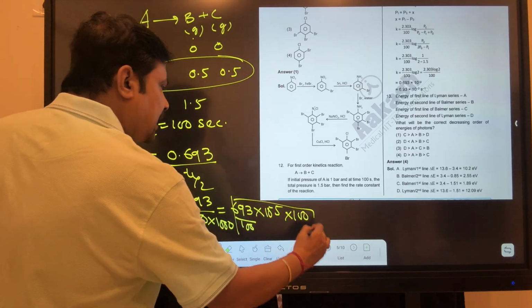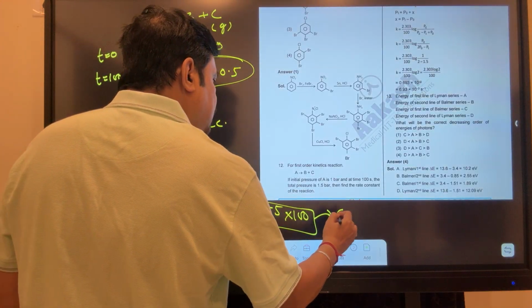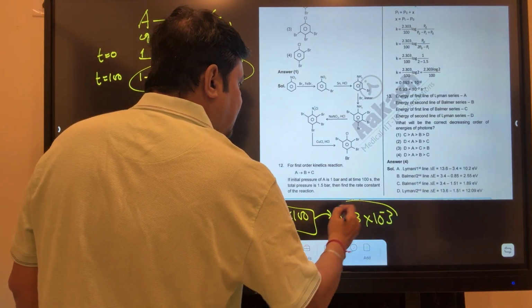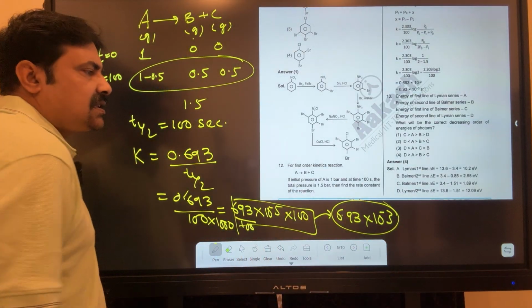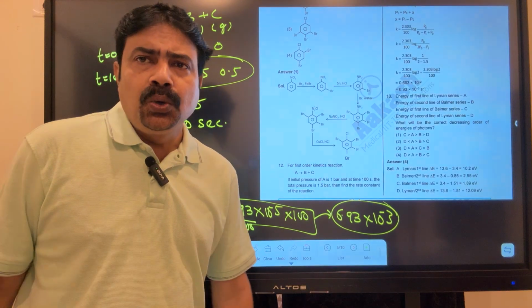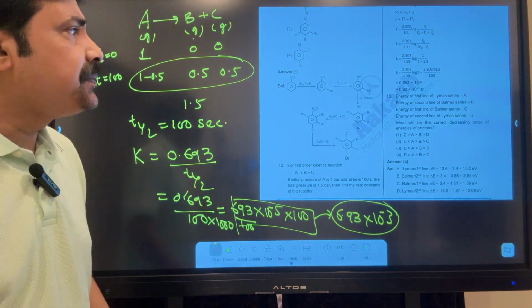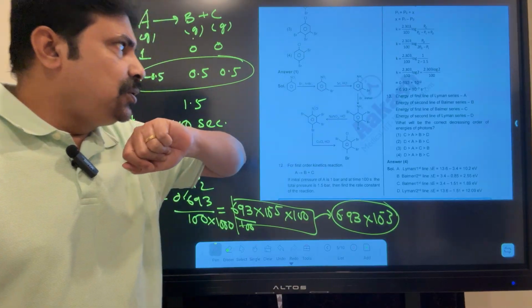If you look at this calculation, we will get 6.93 into 10 to the power of minus 3. That was the option. Then your answer will be 6.93 into 10 to the power of minus 3. Directly we got it. Now look at the next question.